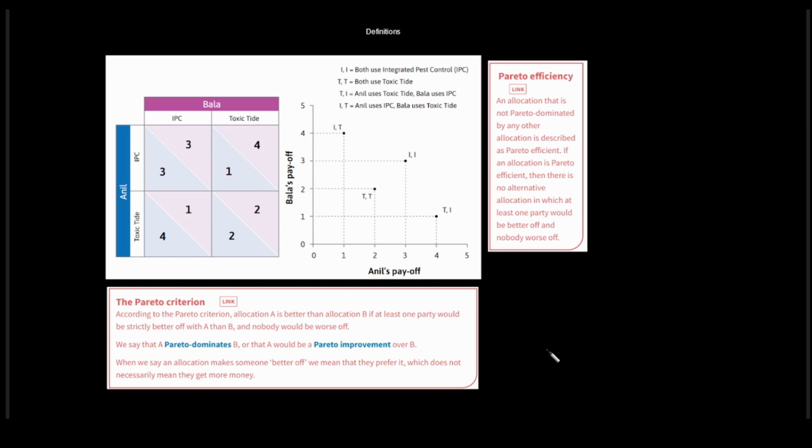According to the Pareto criterion, allocation A is better than allocation B if at least one party would be strictly better off with A than B, and nobody would be worse off. Another way to say that is, if we could move to another outcome such that nobody is worse off in that transition and at least one person is strictly better off.